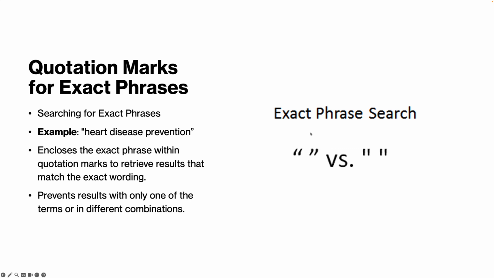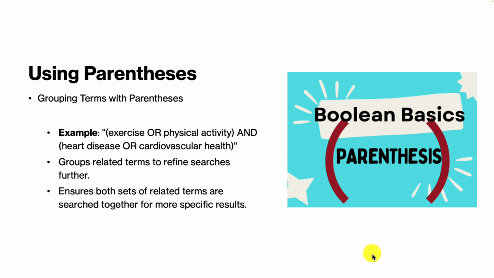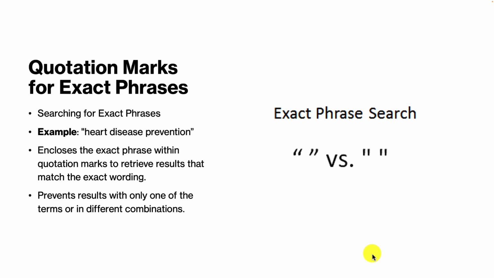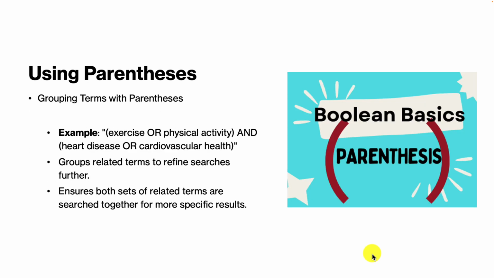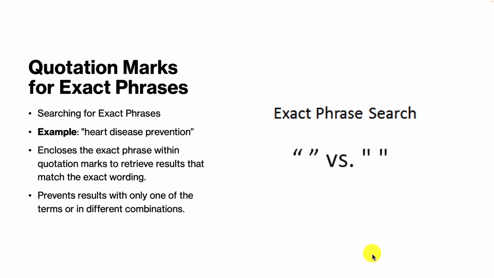Okay, so like I said, we're going to spend a little bit of time talking about the difference between parentheses and quotation marks. When I was learning how to master the database search process, I always got confused by quotation marks and parentheses and the difference. I think I spelled it out pretty simply here, but let me explain what these major differences are.